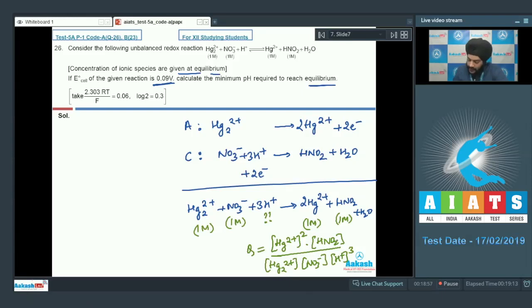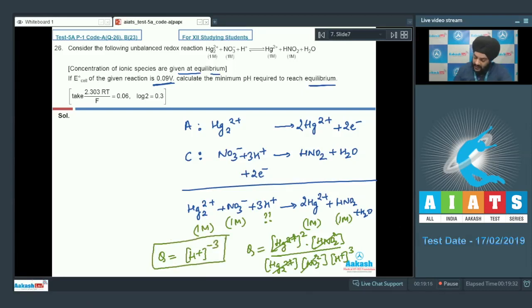All of these species apart from the H+ ion concentration have been maintained at 1 molar, so all of these values are equal to 1. They cancel out, and the value of Q comes out to be the H+ ion concentration raised to the power minus 3.